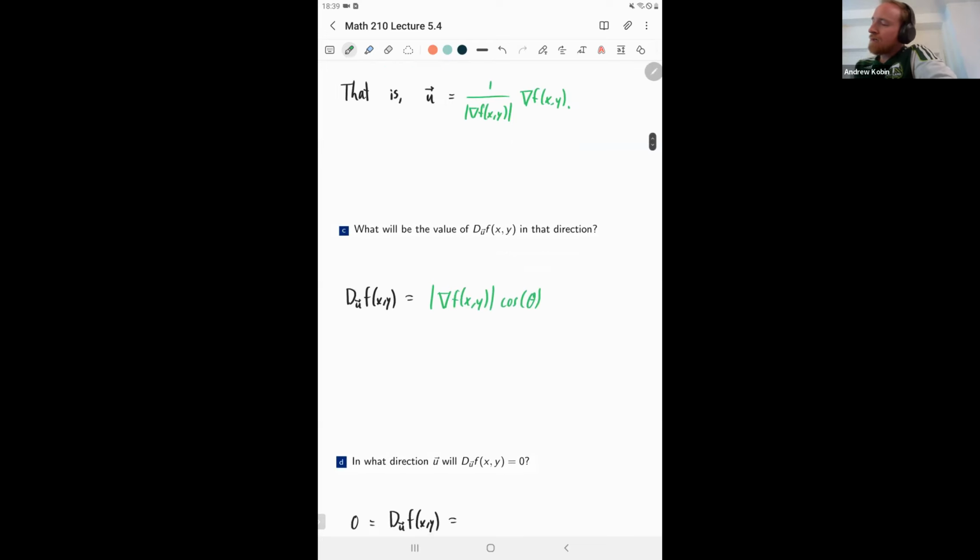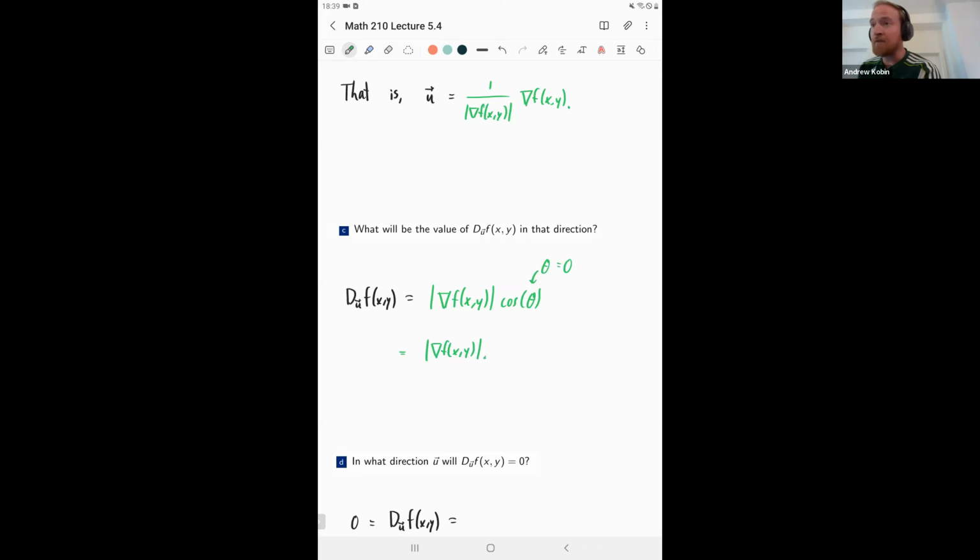What's going to happen here is that if theta is equal to 0, we saw that that was the angle that gives us our maximal increase. Then cosine of 0 is equal to 1. So the directional derivative in the maximal direction has value the length of the vector nabla f, the length of the gradient vector.